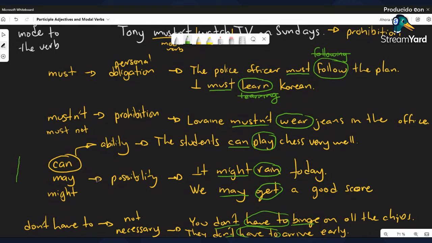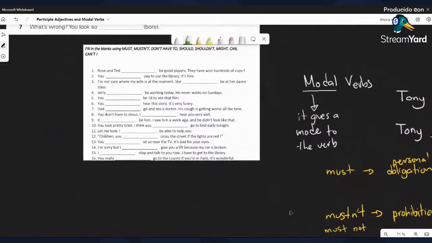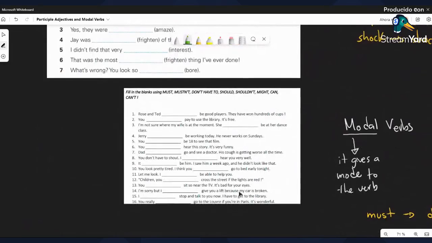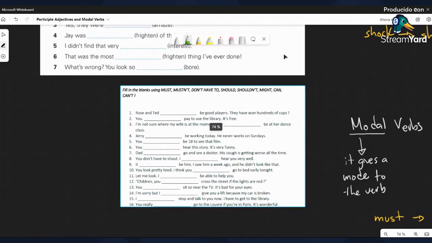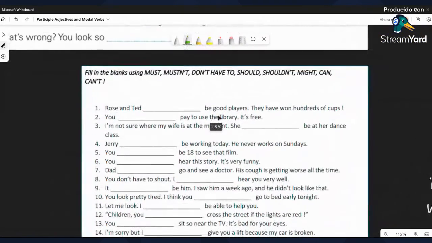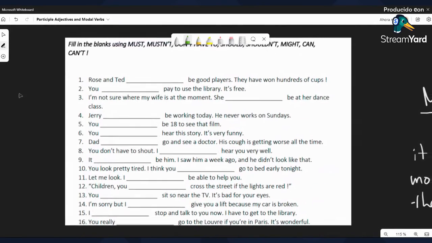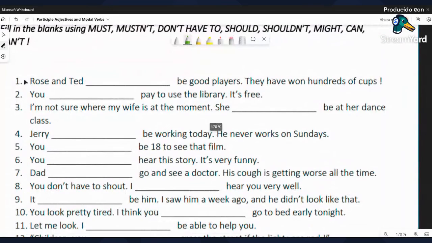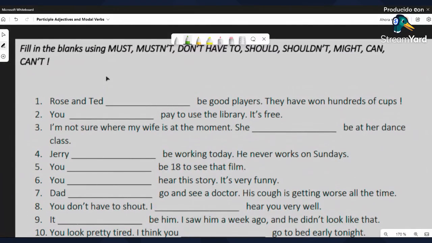Now let's practice a little bit, so we can make sure that we understand them. For example, here we have fill in the blanks with must, mustn't, don't have to, should or shouldn't, might, can or can't. We're gonna do a few of them. You don't have to do all of them. Let's check it here.